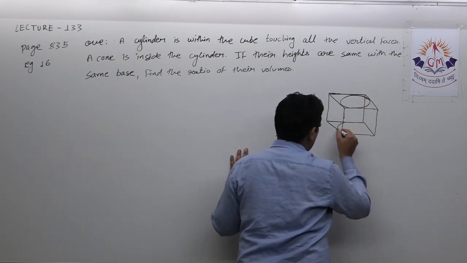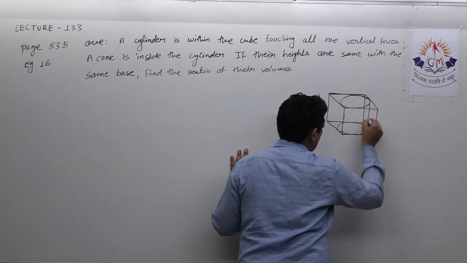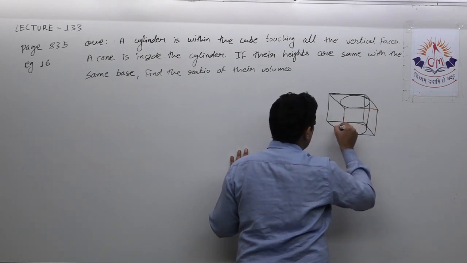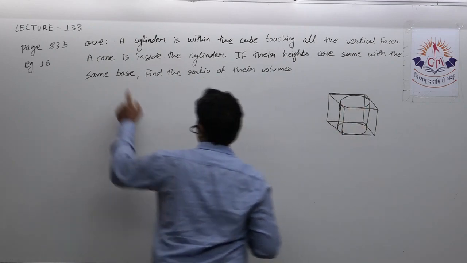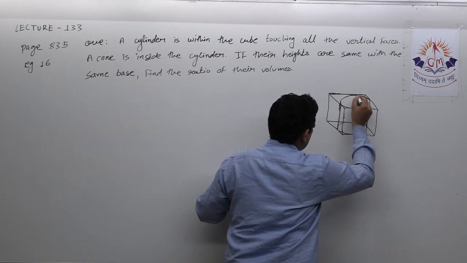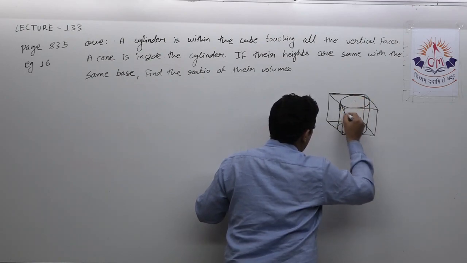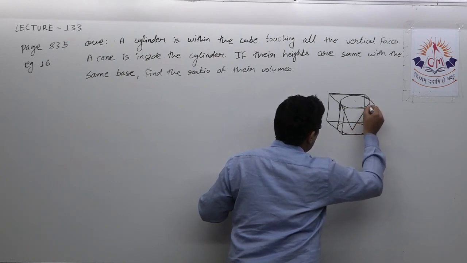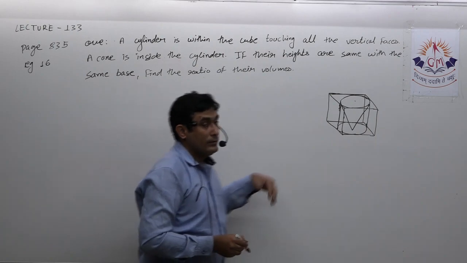So it will look something like this. This is the cylinder. Now further it is given there is a cone which is inside the cylinder. That means this will be the cone, in this way. Now we have to find the ratio of their volumes.